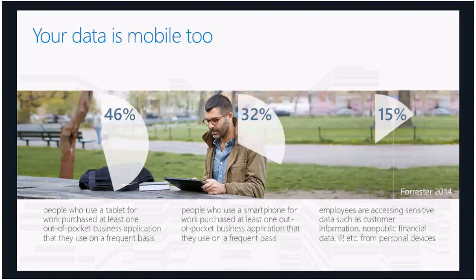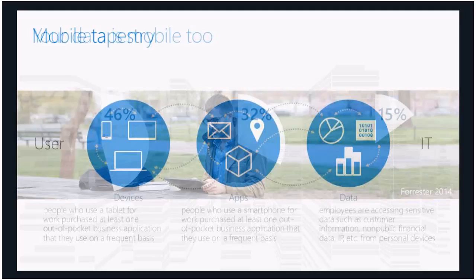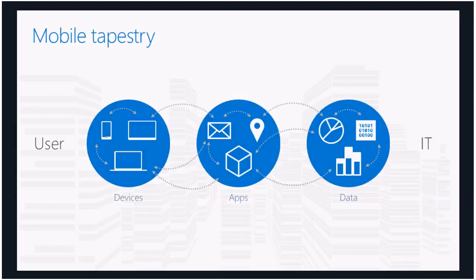So when we combine that statistic with the rest of our information, it's about securing and getting people access to that data securely regardless of where they are. Traditionally, in our mobile tapestry, we have secured our applications. We have secured the devices, but ultimately what we want to move towards is securing the user.